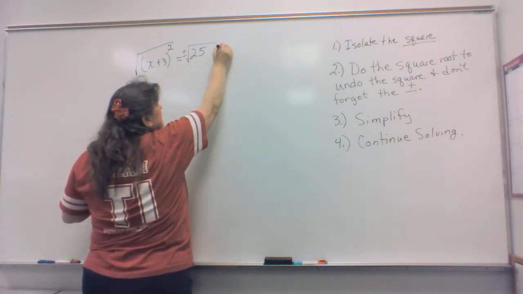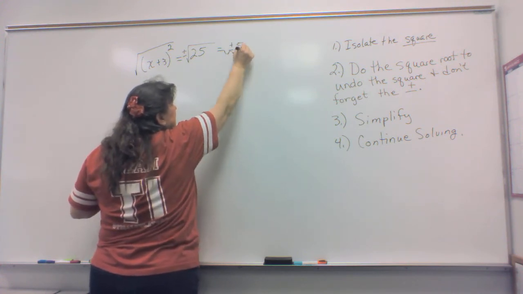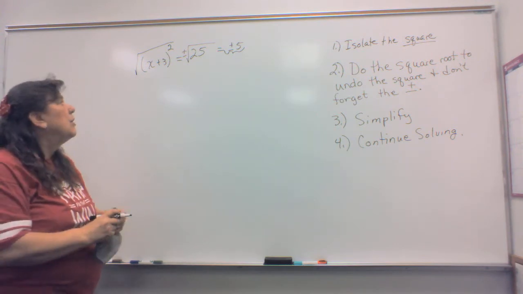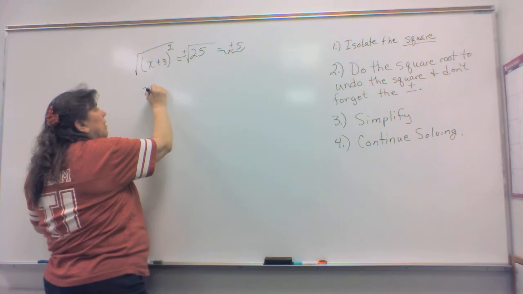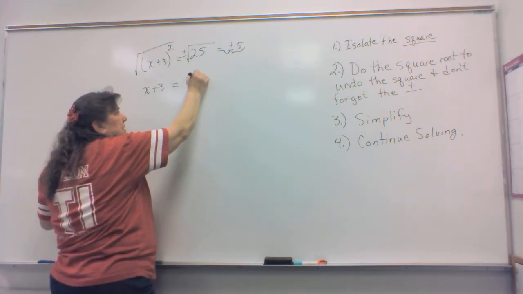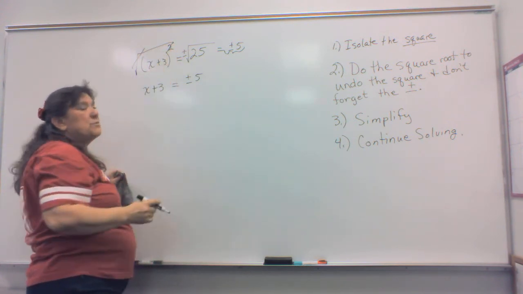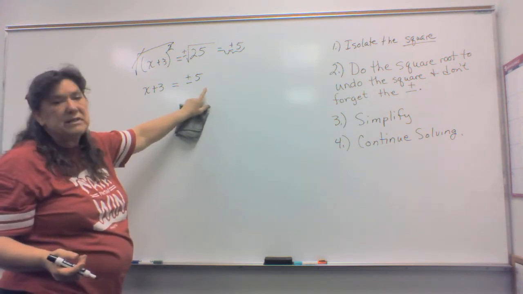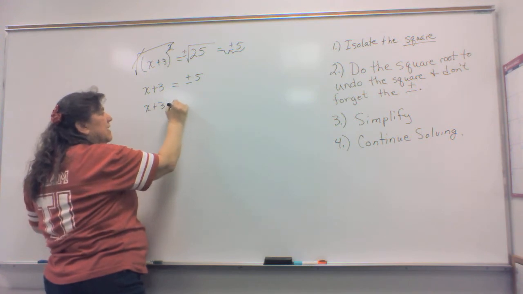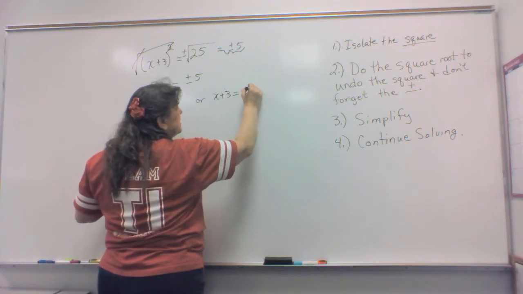So this is equal to plus 5 or minus 5. And since that is an integer number, to make sure that we get both answers, we're going to end up writing this twice, because the x plus 3, this undoes that, leaving me x plus 3 is equal to plus or minus 5. So I'm going to write x plus 3 equals 5, or x plus 3 equals negative 5.